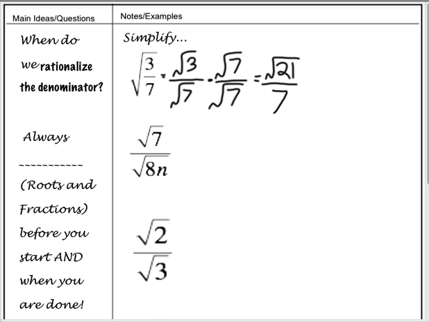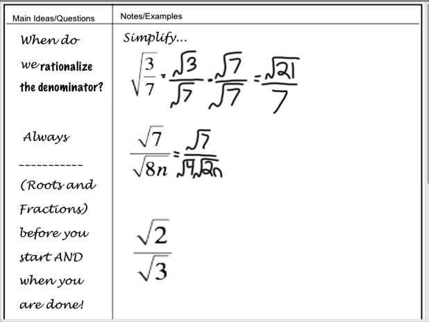Now the next one, before you try to rationalize the denominator, the first thing that you can do is if you notice that you can simplify the radical, you should do so first. What I mean by that is the square root of 8. You can pull a square root of 4 out of that.